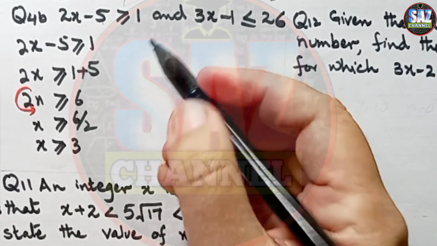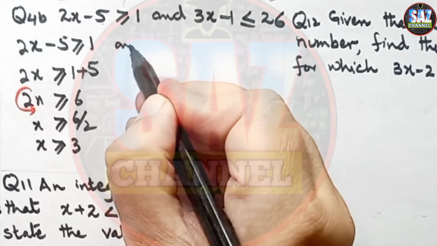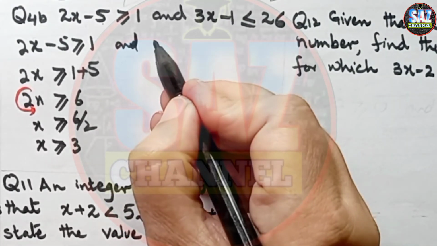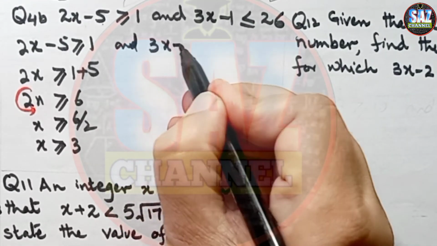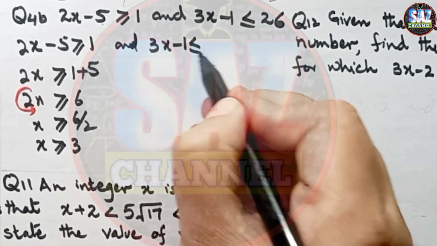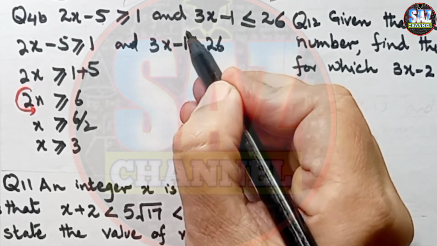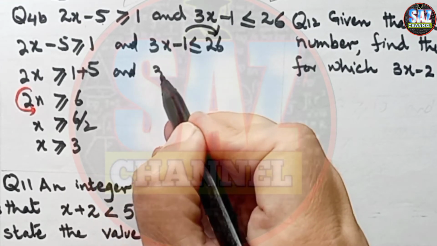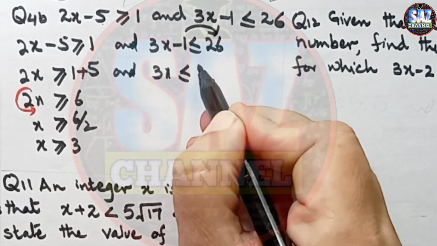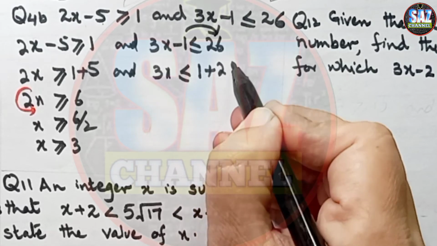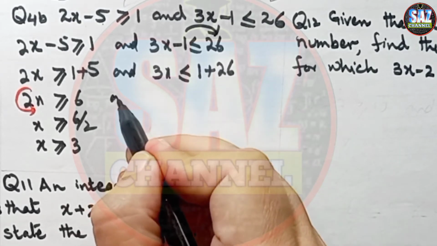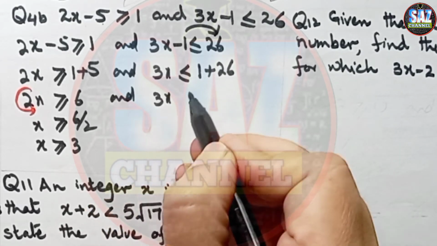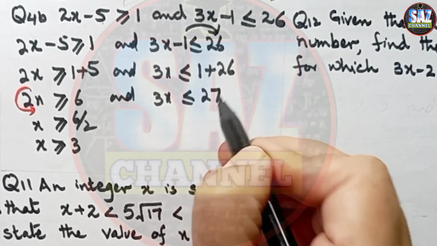Coming to the second part, that says 3x minus 1 is less than or equal to 26. First shift 1 to the other side, it will take the form 3x is less than or equal to 1 plus 26, and 3x is less than or equal to 27.